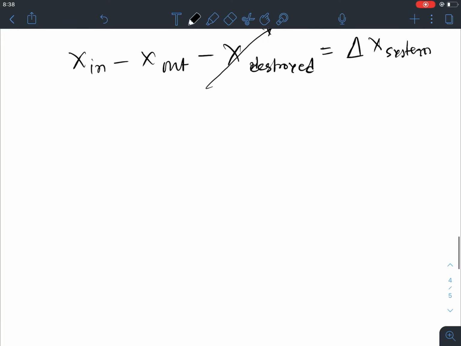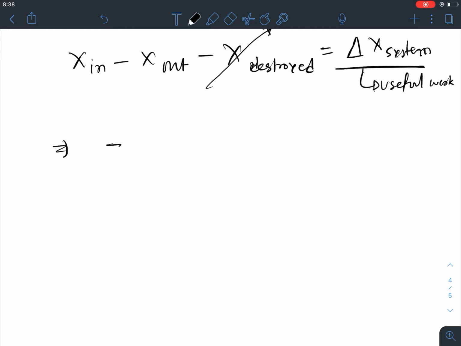Here the exergy destruction for a reversible process is 0. So exergy in minus exergy out: exergy in was x1 and exergy out is x2, right?